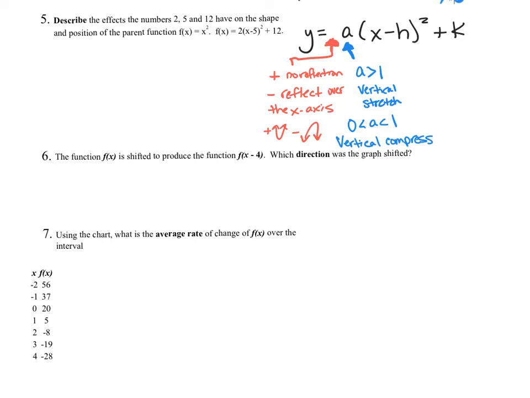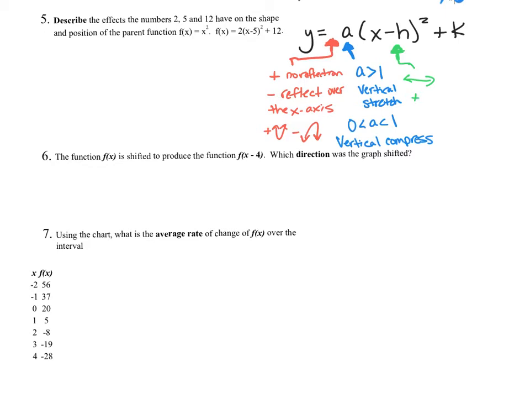Okay, so the next part is going to be h. Here, this is going to be our left and right because it's in the bubble, with our x. So our x-axis is going to be our left and right. If it's positive, now remember it's going to be opposite.